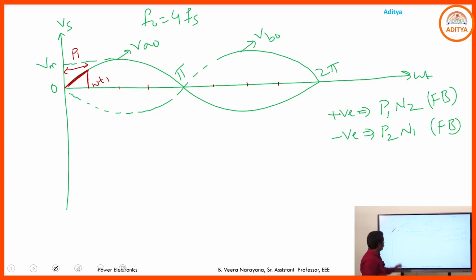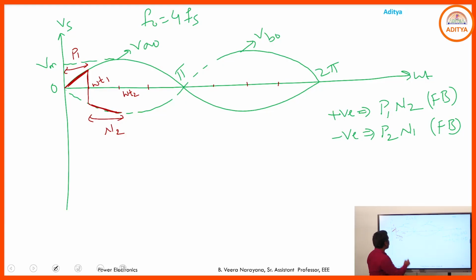Right. At omega T1, by using forced commutation circuit, we turn off the P1 and we provide the gate pulse to N2. Then what you are getting here? N2 means we follow the VB0 up to this one, up to omega T2. Up to omega T2, we maintain this N2 in the on state.